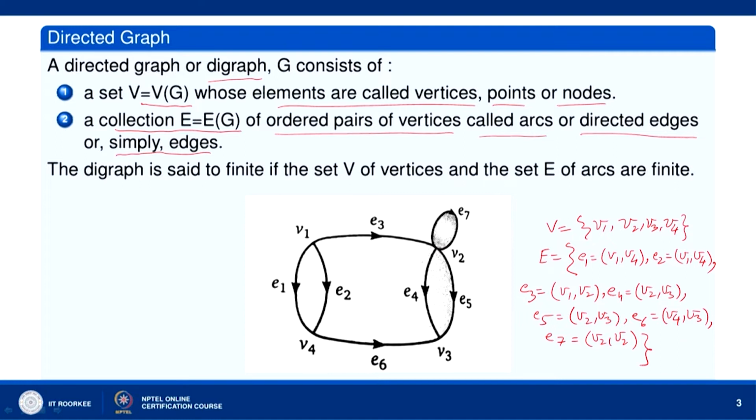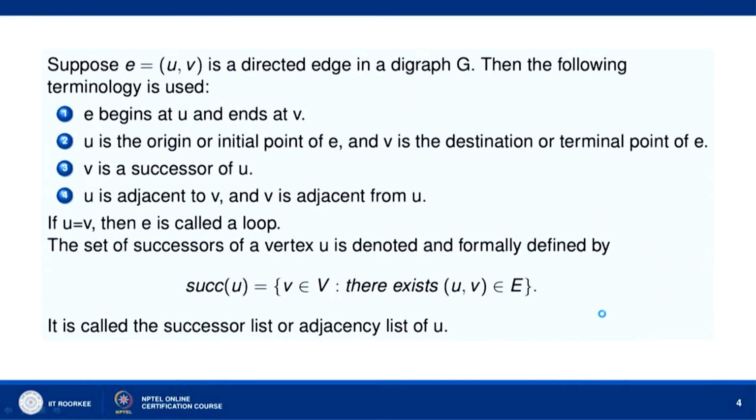Now, let us say e equal to UV is a directed edge in a digraph. Then we use the following terminology: e begins at U and ends at V. U is the origin or initial point of e and V is the destination or terminal point of e. Say for example, this is U and this is V, this is your edge e, and the direction is UV.